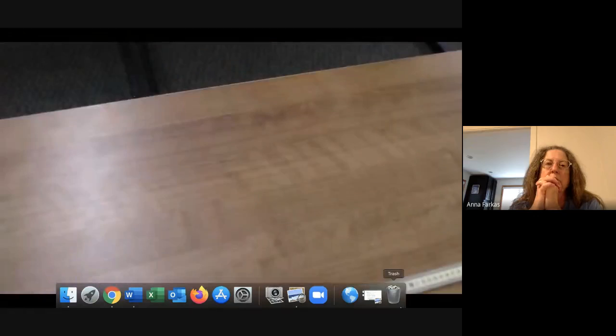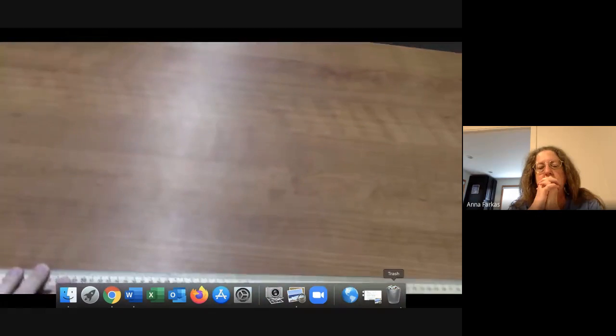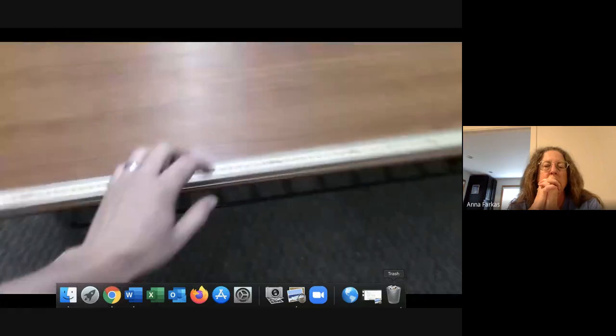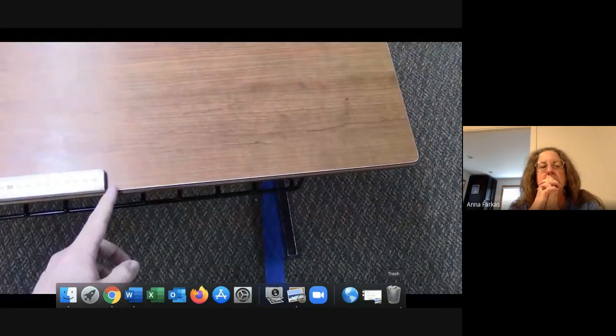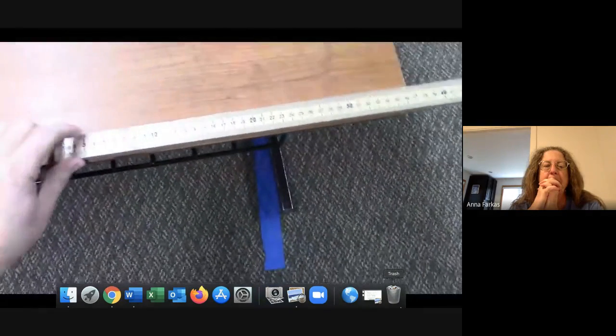So let's say we want to measure this table here. So we start down here, and we have our meter stick set up, and so we start there and we go, okay, there's 1 meter, and then we move the other end of the meter stick to where this end ended. So we want to make a note that that's where it stopped. And we put our meter stick right there.